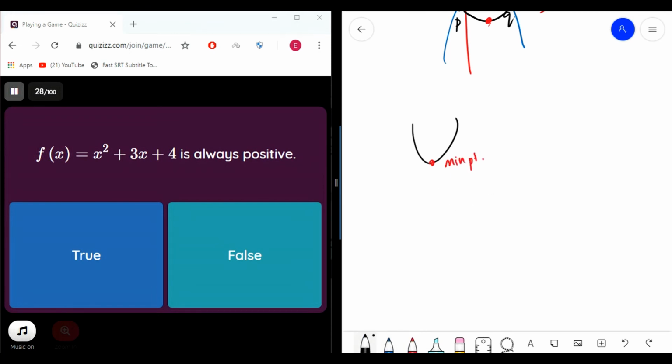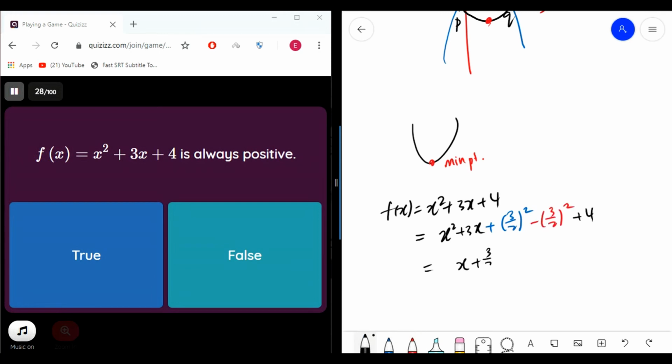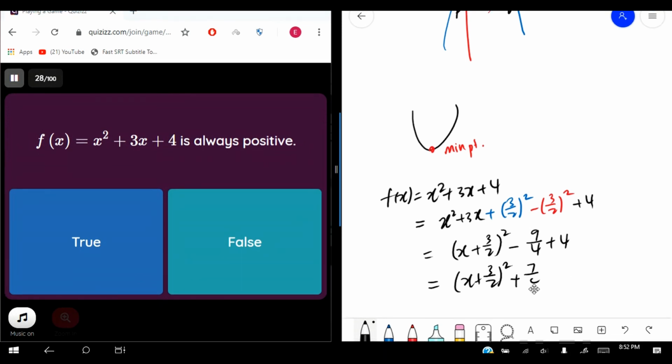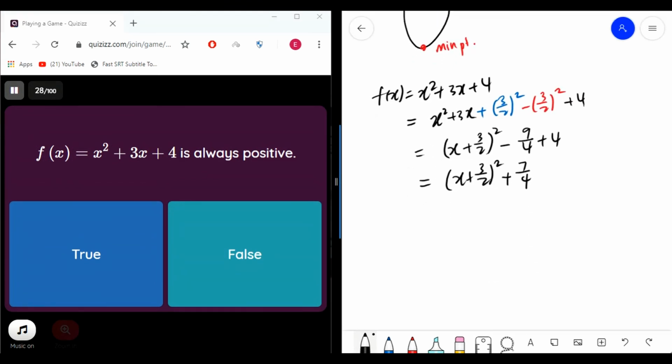Then we try to complete the square. f(x) equals x squared plus 3x plus 4 equals x squared plus 3x plus (3 over 2) squared minus (3 over 2) squared plus 4 equals (x plus 3 over 2) squared minus 9 over 4 plus 4 equals (x plus 3 over 2) squared plus 7 over 4. Okay, so the minimum y value will be 7 over 4.